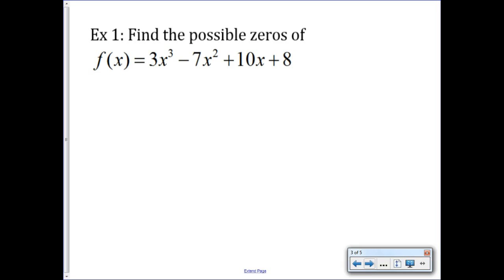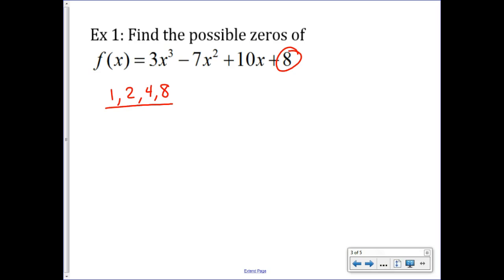So our constant here is 8. All of the factors of 8 would be 1, 2, 4, and 8.